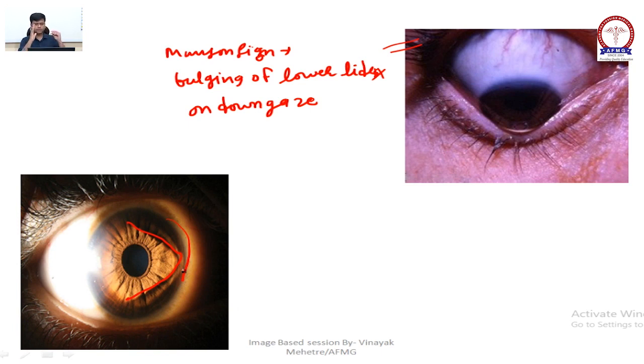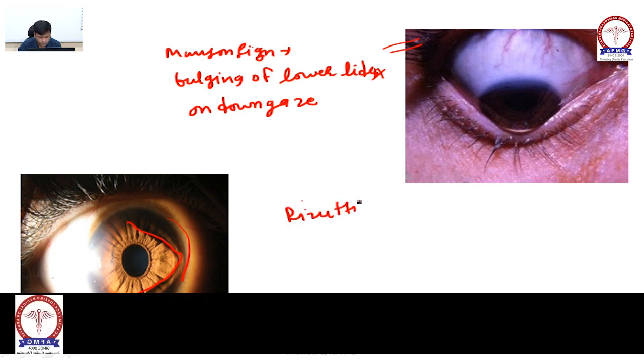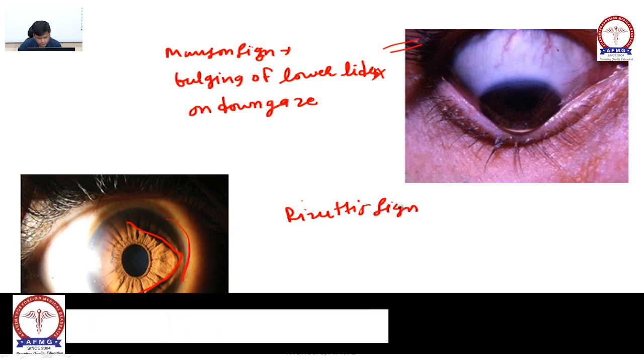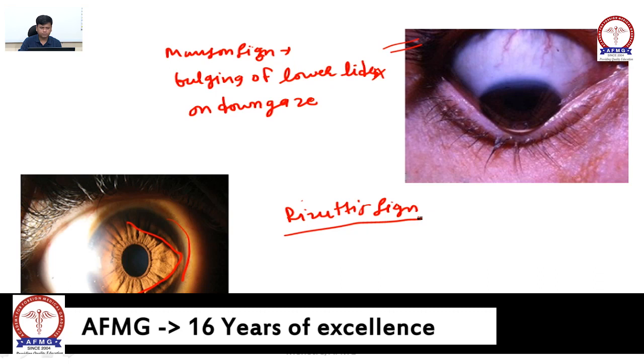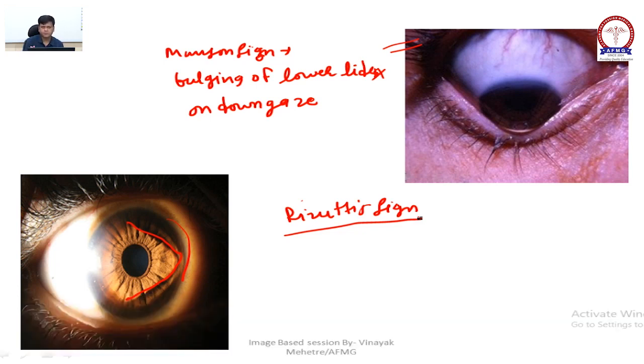Till the limbus you are seeing arrowhead. When you will put light from the temporal side towards the nasal side, you will see arrowhead hitting on limbus. Okay, this appearance is called as Rizzuti sign. This one is clear image. You might get some diffuse image also. Be clear with it.